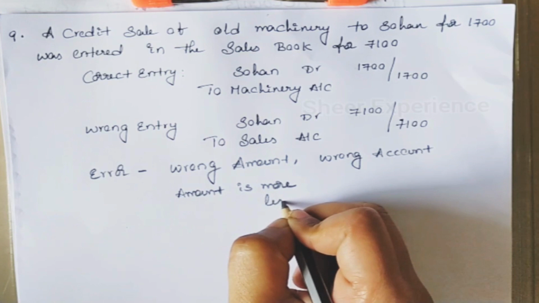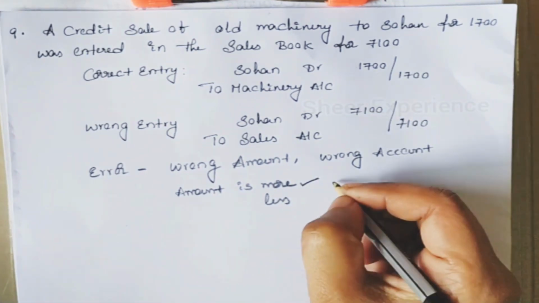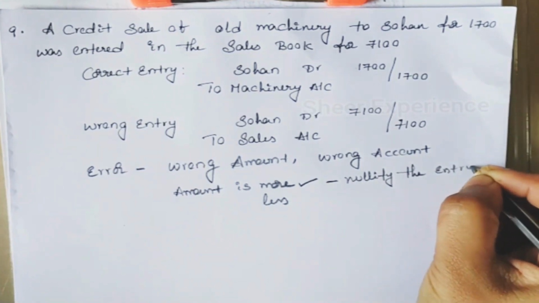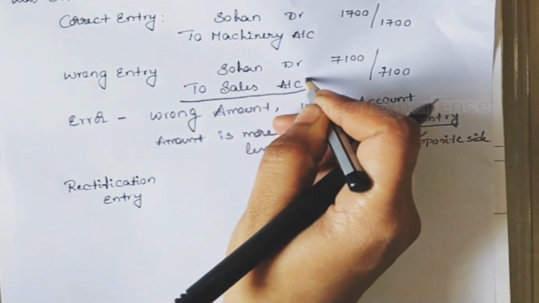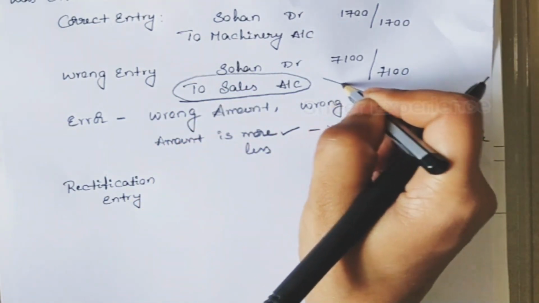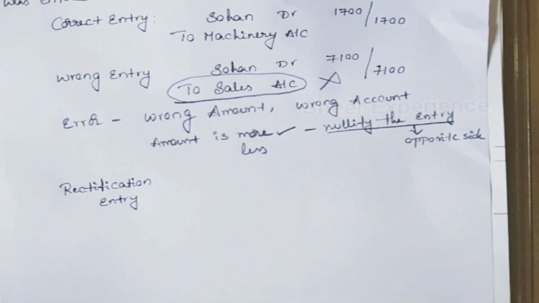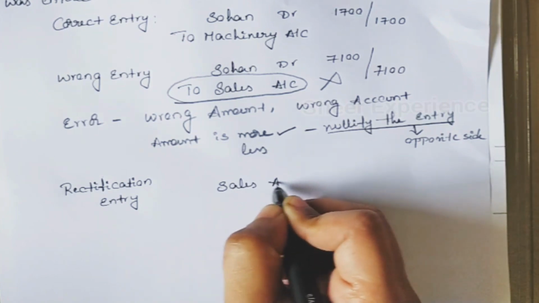First we will check the amount. Here we have recorded more amount, so we need to nullify the entry. Looking at the correct and wrong entries, we can say that sales account is the wrong account, which is credited. So in the rectification entry, we will debit sales account.